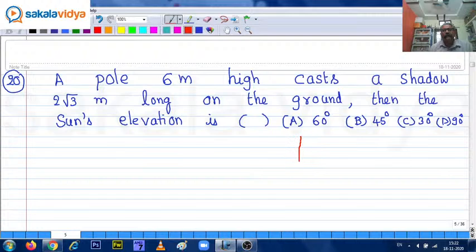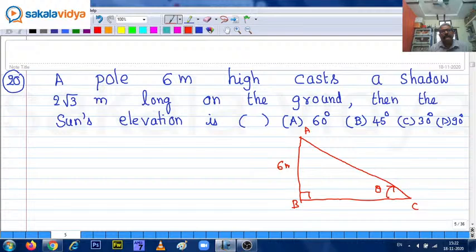This is the pole, 6 meters, and its shadow. You join this one. This is the angle of elevation of the sun, theta. Say ABC. Obviously this is 90 degrees. This is 6 meters. This is 2 root 3 meters. So this by this is tan theta.